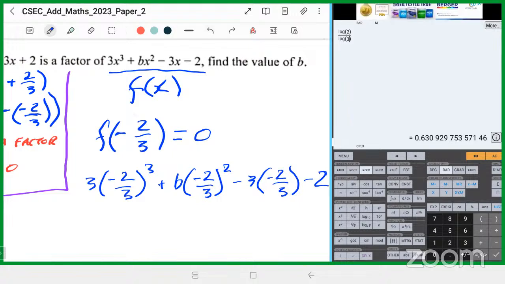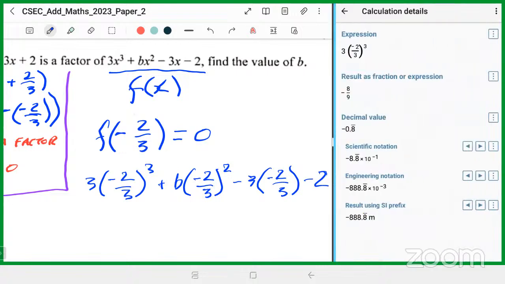So 3 times negative 8 over 27, the 3 cancels with 27 to give 9. Negative 8 over 9.